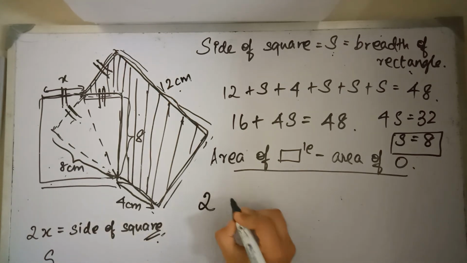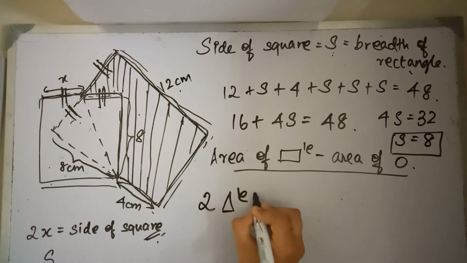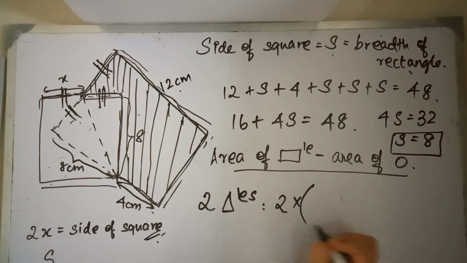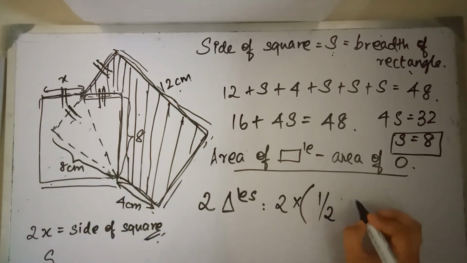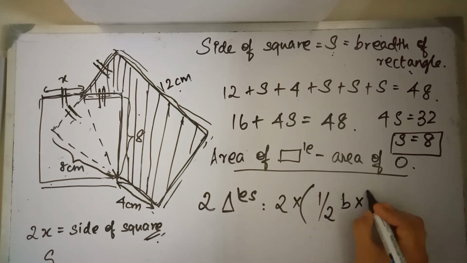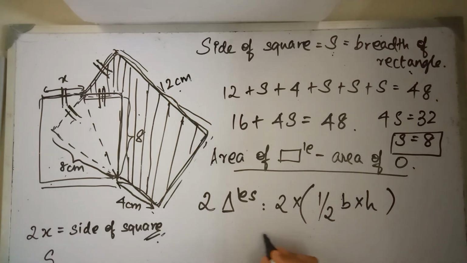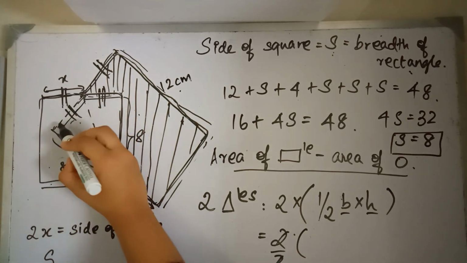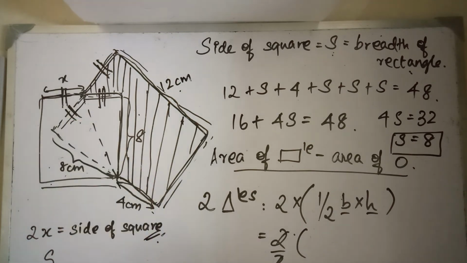So two triangles. The area will be 2 into, since it's two triangles, the area formula of a triangle is half into base into height. 2 and 2 will get cancelled. Now we just need B and H. B over here is this part. This part is x.